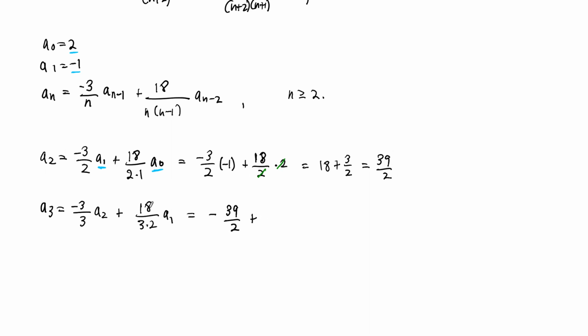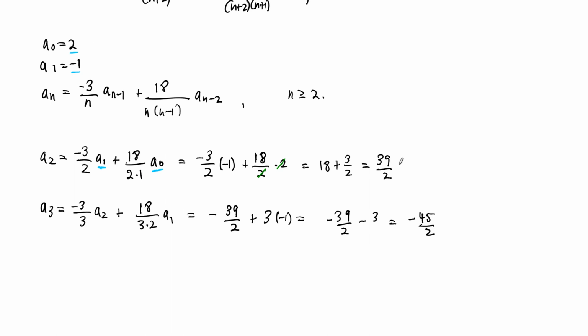Plus 18 divided by 6 is 3. So this is 3 times a sub 1, which is negative 1. And so this is negative 39 halves minus 3. And so that's going to be negative 45 halves, right? 39 plus 6.